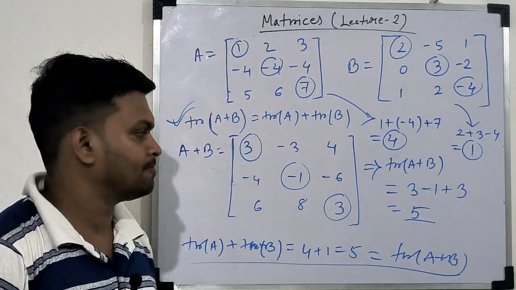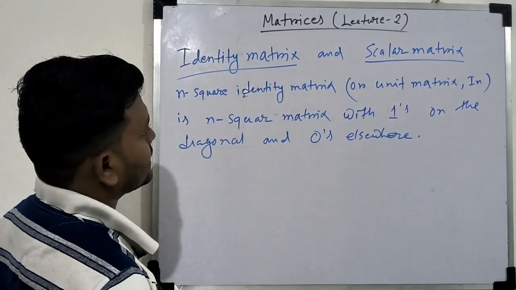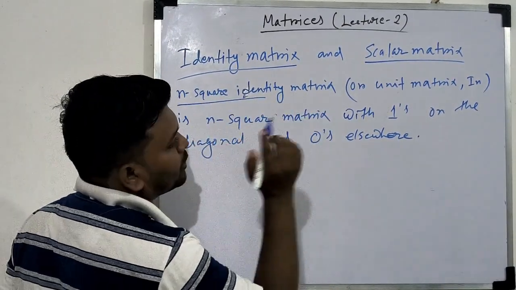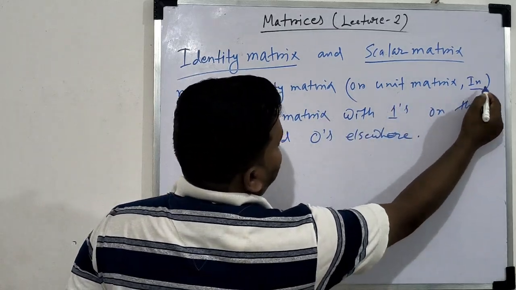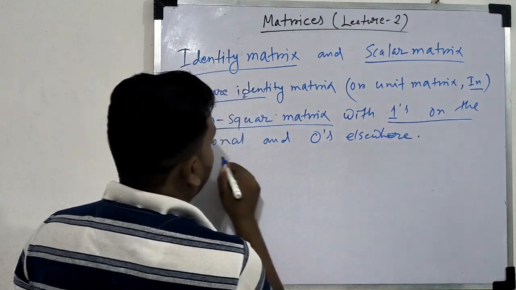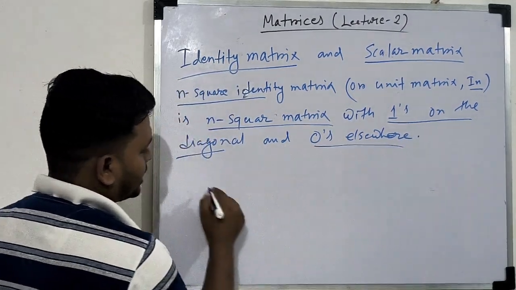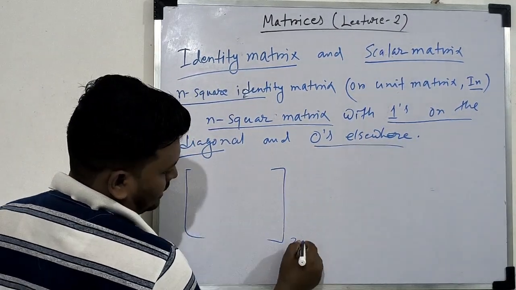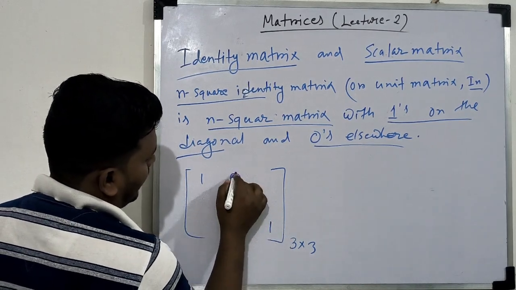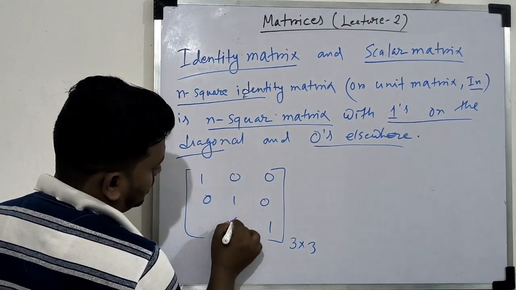You can follow this. Now we discuss the identity matrix and scalar matrix. The n square identity matrix or unit matrix, denoted as In, is the n square matrix with 1 on the diagonal and 0 elsewhere. So if we write 3 cross 3, all diagonal elements are 1 and elsewhere 0.